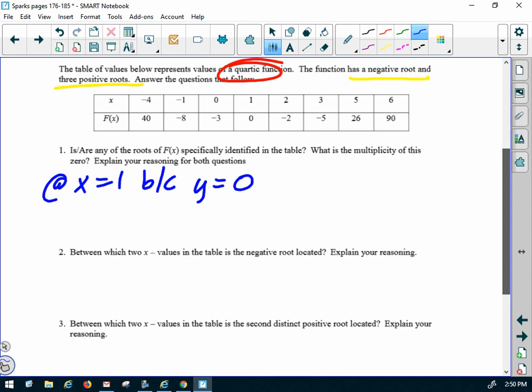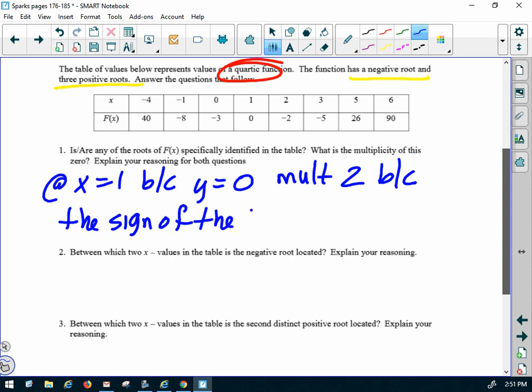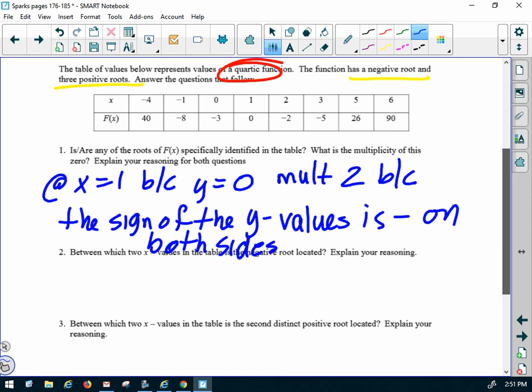So we think the multiplicity is 2 because the sign of the y values is negative on both sides of x equals 1.